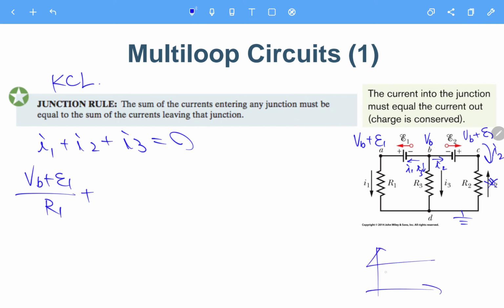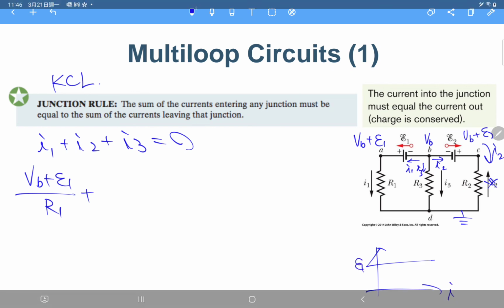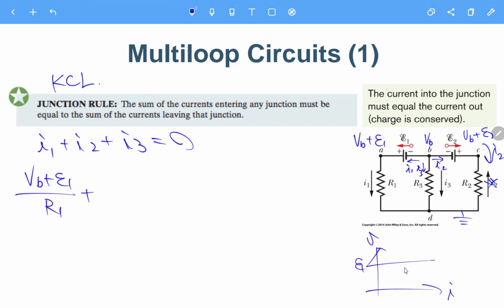This is just E1, this is the current, this is V. No matter what the current is, the potential across this EMF is the same, so you cannot find the current by itself. You should find the current from the passive elements, like the R, L, C. So here VB plus E2 over this resistor, and this is the ground node, so the current I2 should be VB plus E2 over R2.